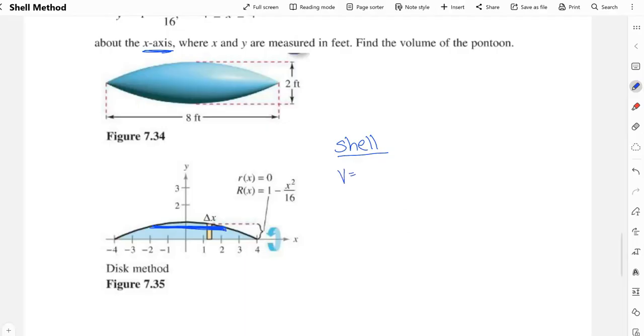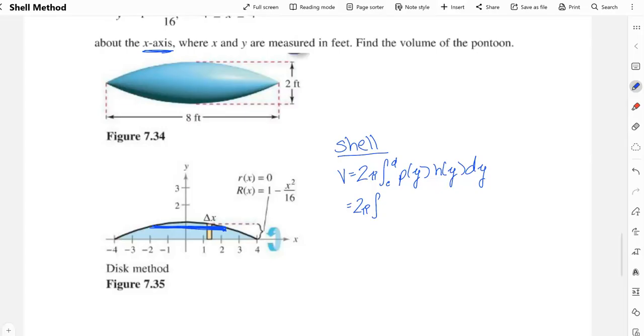And since my axis of revolution is horizontal, I'm thinking about distances in terms of y. Thinking about things in terms of y is a mind shift from what we typically think about when we think about things in terms of x.